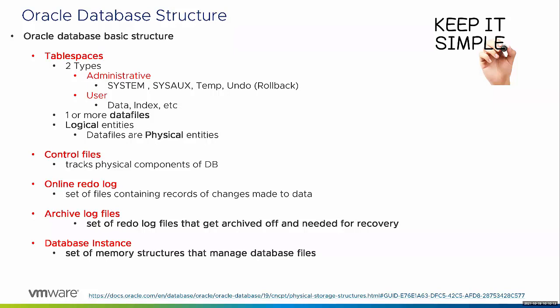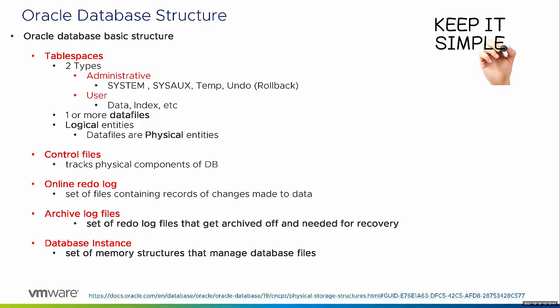Anytime you make a change to the data, whether an insert, an update, or a delete statement, the entry, or the redo vector, needs to go to the online redo log file before the change can actually be made to the block. That way, when Oracle has to do its crash consistent recovery, which we'll look into in the forthcoming slides, it knows what to roll back or what to roll forward.